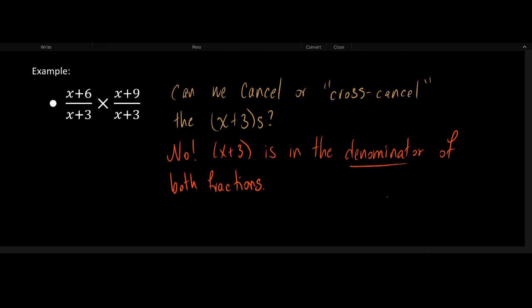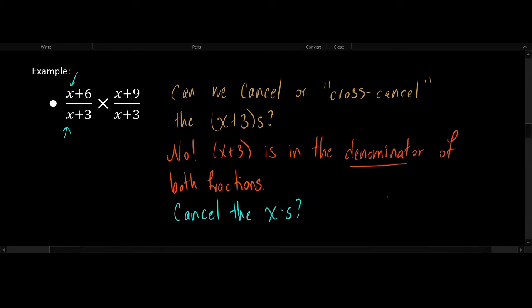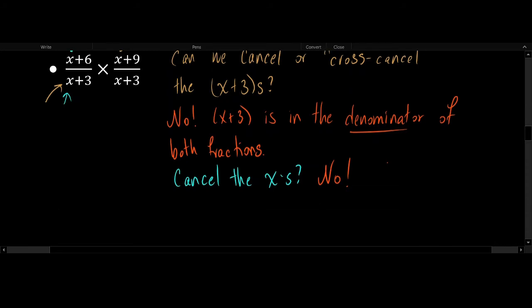Just to get a little practice, do you think we can cancel any x's? For example, do you suppose that we can cancel out maybe these two x's on the left? Or do you suppose we can cross-cancel an x on the left with an x on the right? The answer here is still no. And the problem is that x is not a factor in any of these fractions.